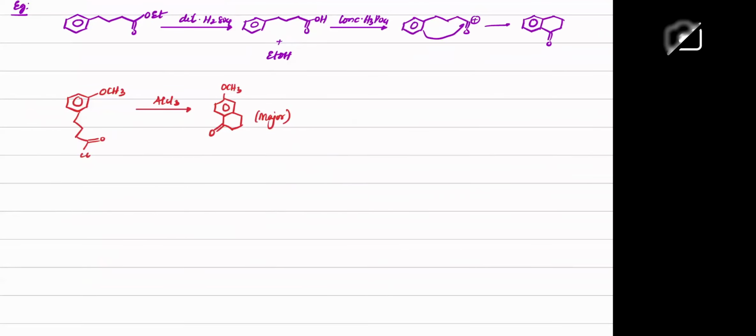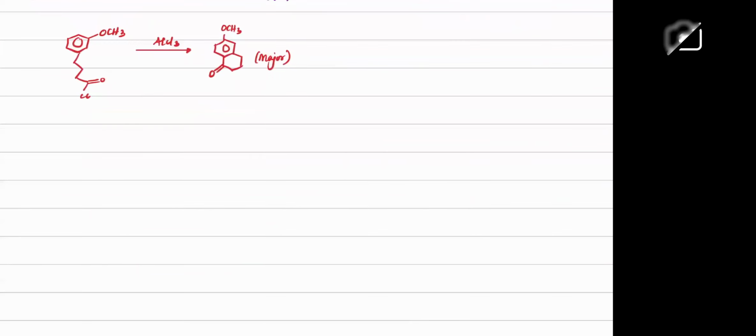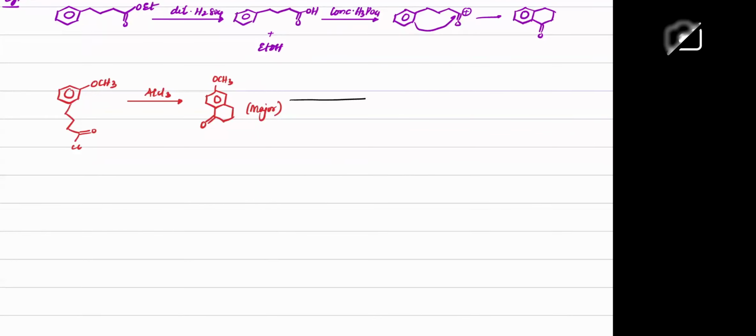Most of the time, whenever you do acylation, it is always followed by Clemmensen or Wolff-Kishner reduction. If you have zinc and mercury amalgam in concentrated HCl, this is called Clemmensen reduction. In the presence of this reagent, the keto group will get reduced.